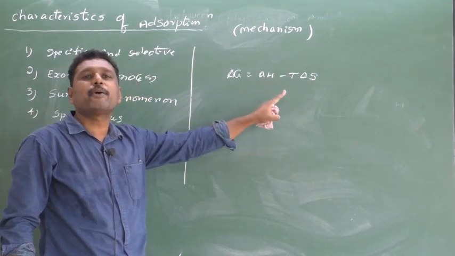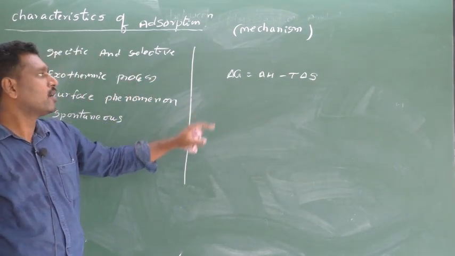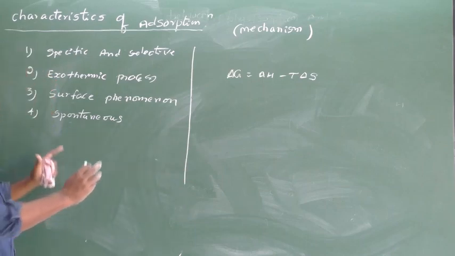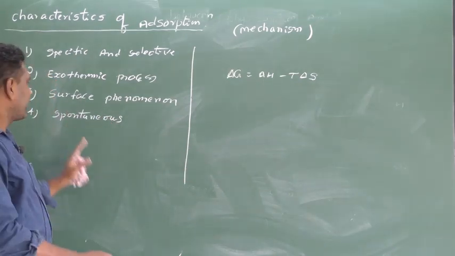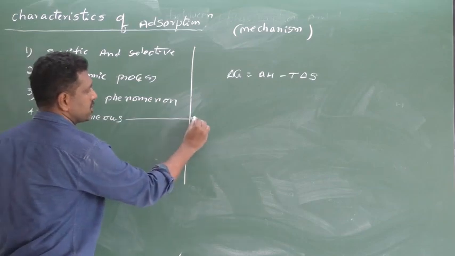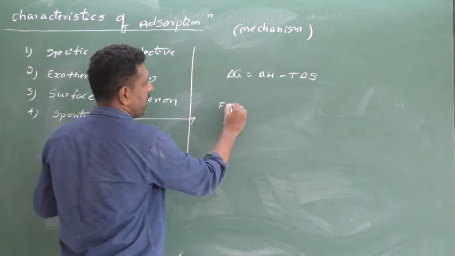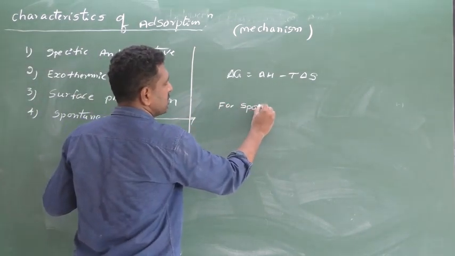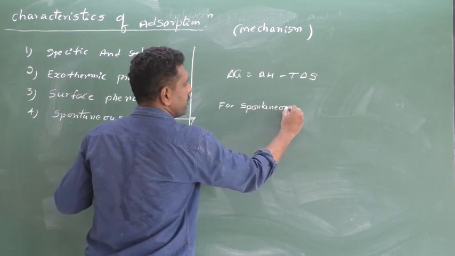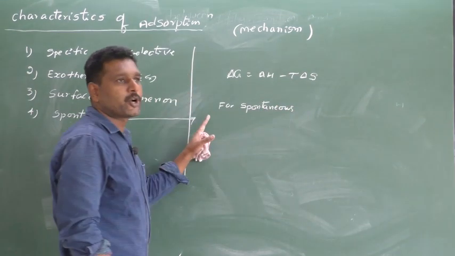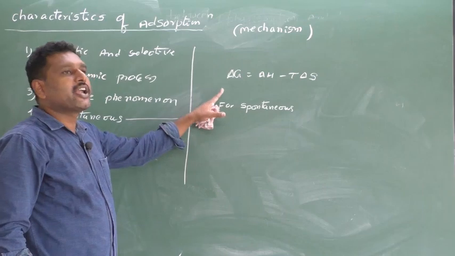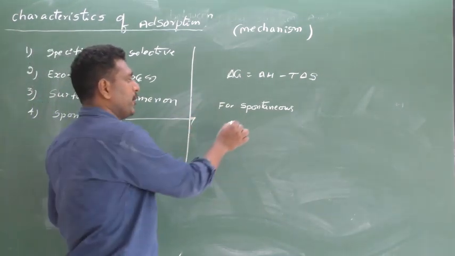Entropy means randomness in the system. First, I will take a spontaneous process. For a spontaneous process, the Gibbs free energy value will be negative.